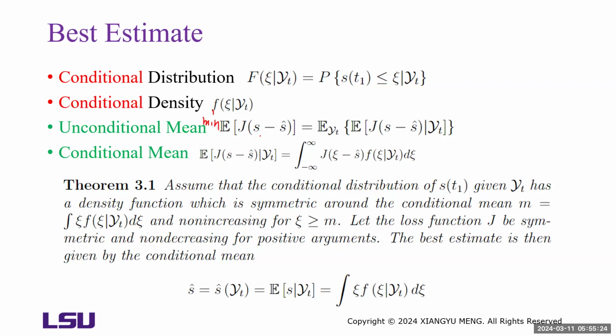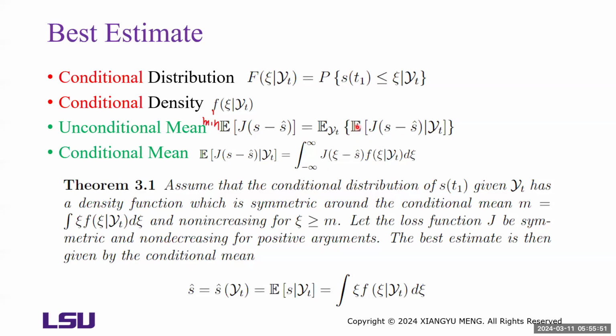It's very important to distinguish between unconditional mean and conditional mean. Here we want to minimize the unconditional mean. To distinguish the two, let's write the criterion in such a way that the dependence of x hat on Y^T is explicit. So there are two expectations.